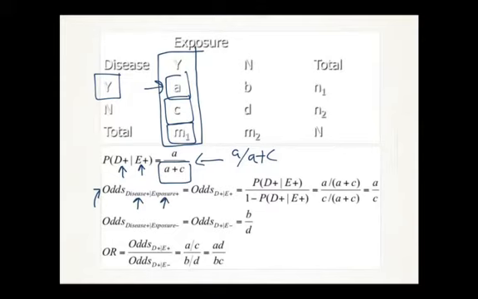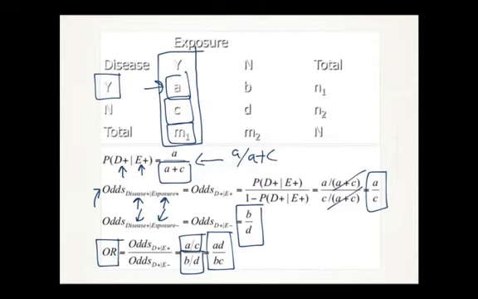If we carry out this calculation, we can see we're dividing by A plus C in the numerator and the denominator, so those cancel, and we end up with A divided by C. Similarly, the odds of disease among the unexposed can be reduced to B over D, and then we take the ratio of these two things, A over C divided by B over D, and that can be simplified to AD divided by BC. So that's our estimate of the odds ratio. Okay?